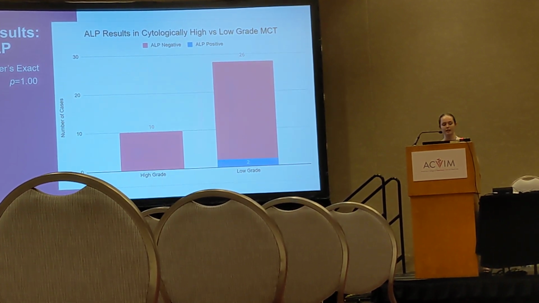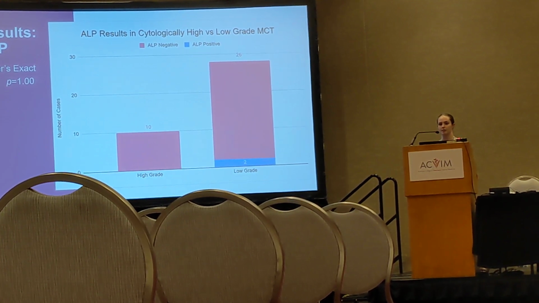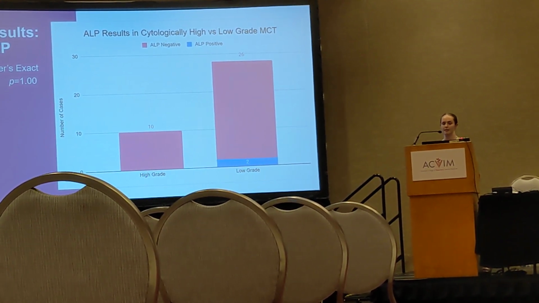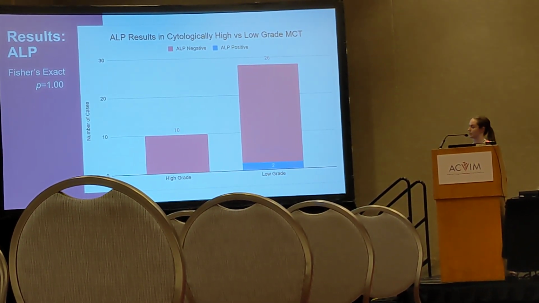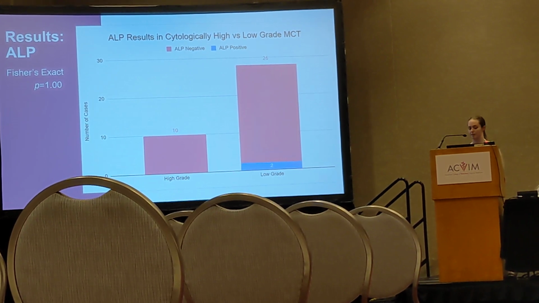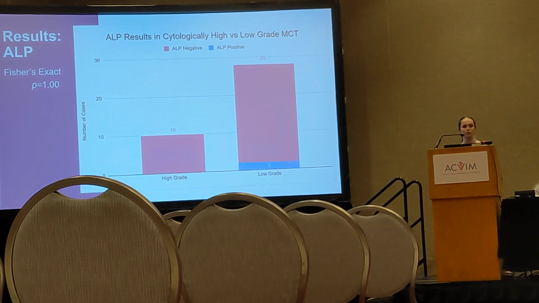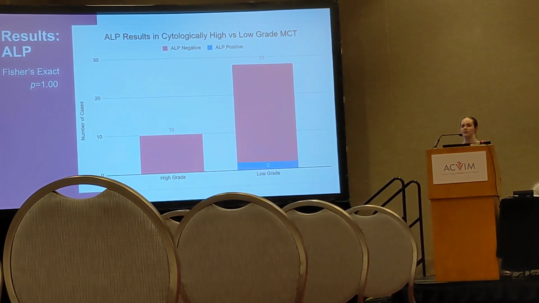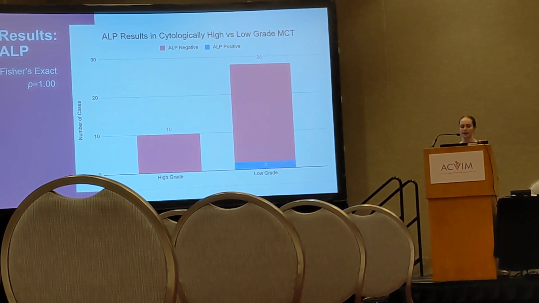Given this data, the p-value from the Fisher's exact was 1, meaning this data does not support a difference in ALP reactivity between cytologically high and low-grade tumors. However, it is still interesting that 2 of those cytologically low-grade tumors were ALP positive. And just of note, one of those low-grade tumors did have nodal metastasis, which I touched on in that last slide as well.